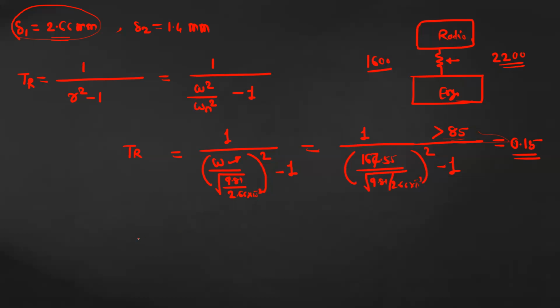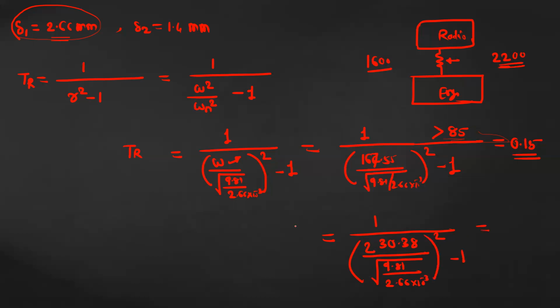And second, just change the value of omega to omega 2. So take 2200 in the same equation. So this is 1 upon 230.38 upon the square root 9.81 upon 2.66 10 to the power minus 3 bracket square minus 1.